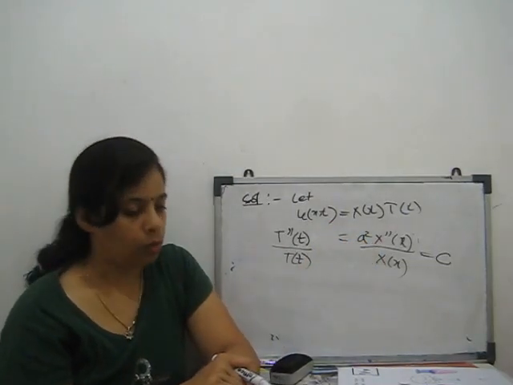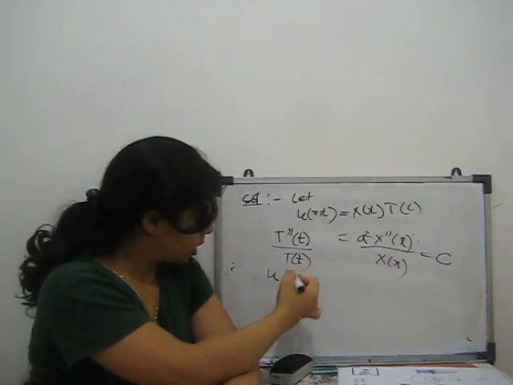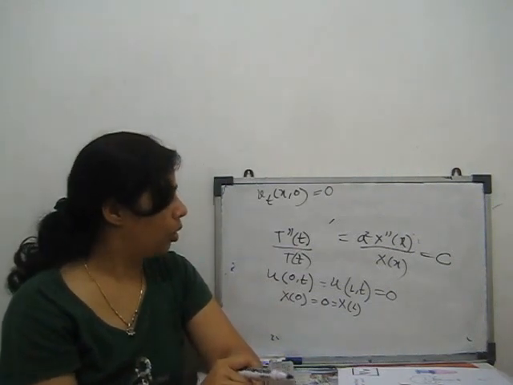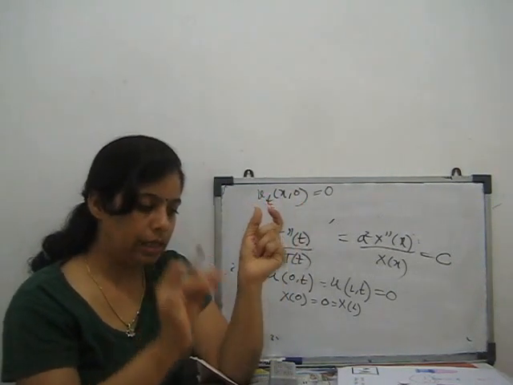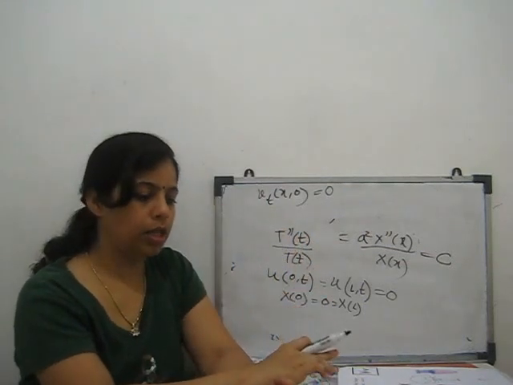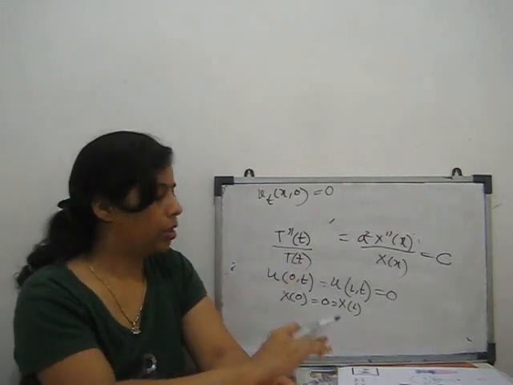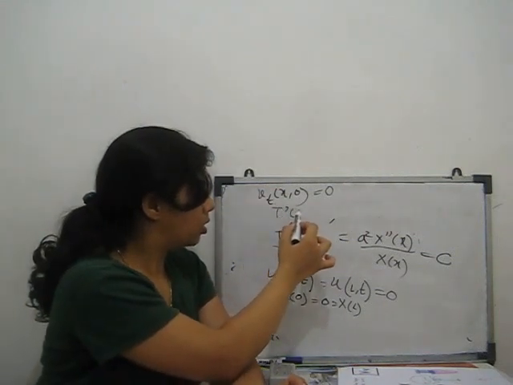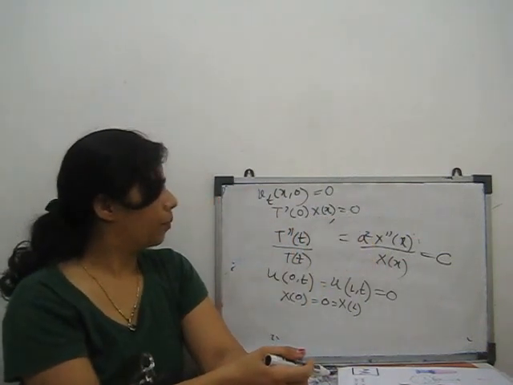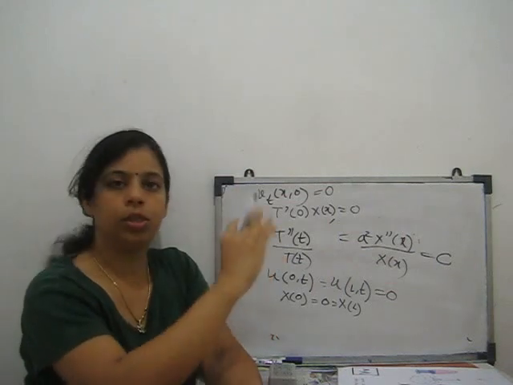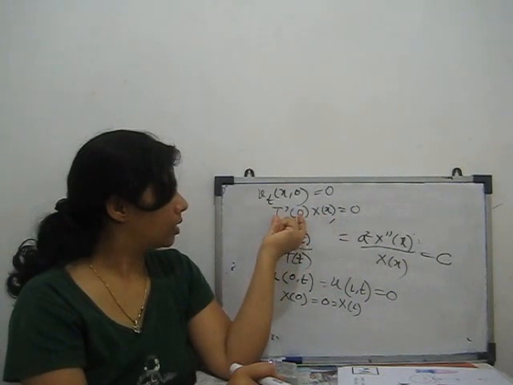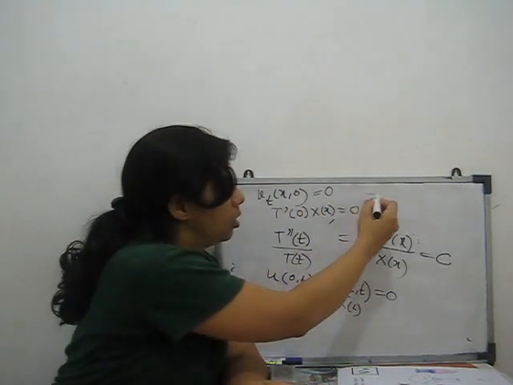Now if we apply the boundary condition, where the value of the function is 0, then in x equal to 0 our equation becomes T(t) X(0) equal to 0. Clear? Between 0 to L, when x is 0, then we can say T dash equal to 0.